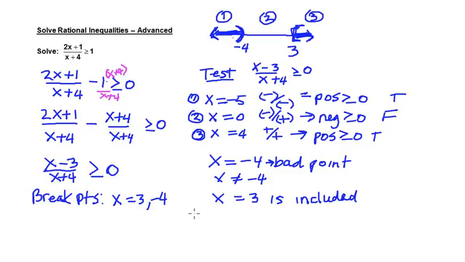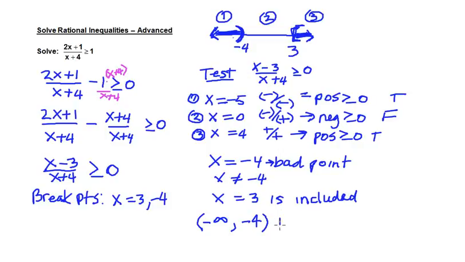The last thing that I need to do here is to write the solution, which I've shown on the graph, in either interval or set builder notation. And because the interval is very similar to the graph, I will use the interval notation. So we'll start at -infinity, with a curved bracket because it's not a real number, and extend up to -4 with a curved bracket, just as we have in the graph.